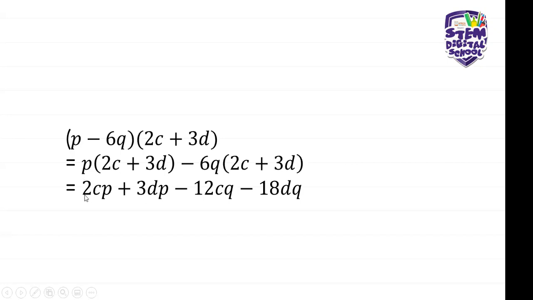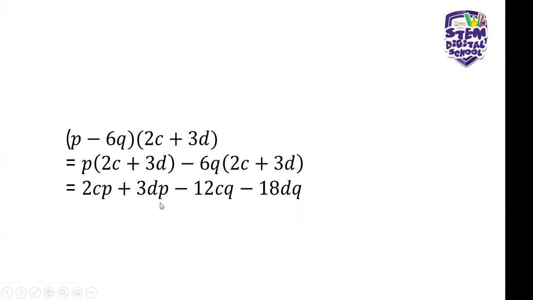So this becomes 2CP. Remember, we write our variables in alphabetic order. So C comes before P, then you write C, and then comes P. The second one again, you multiply P by 3D, and then your answer will be 3DP.